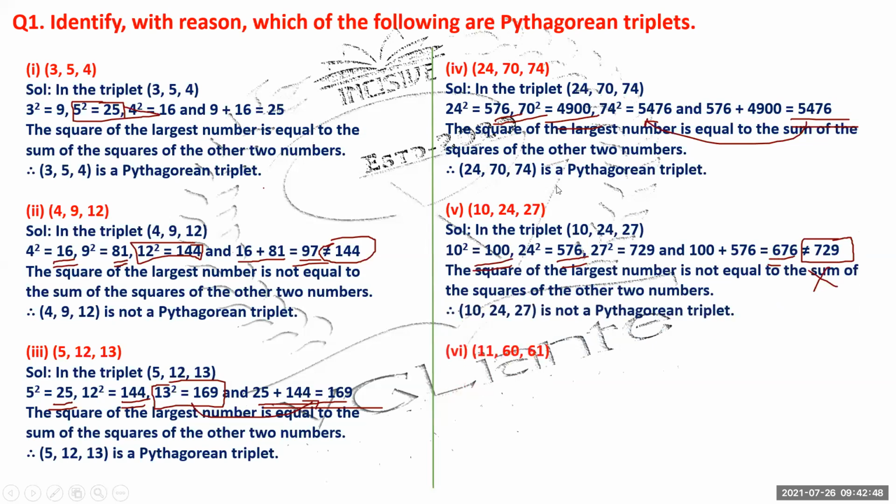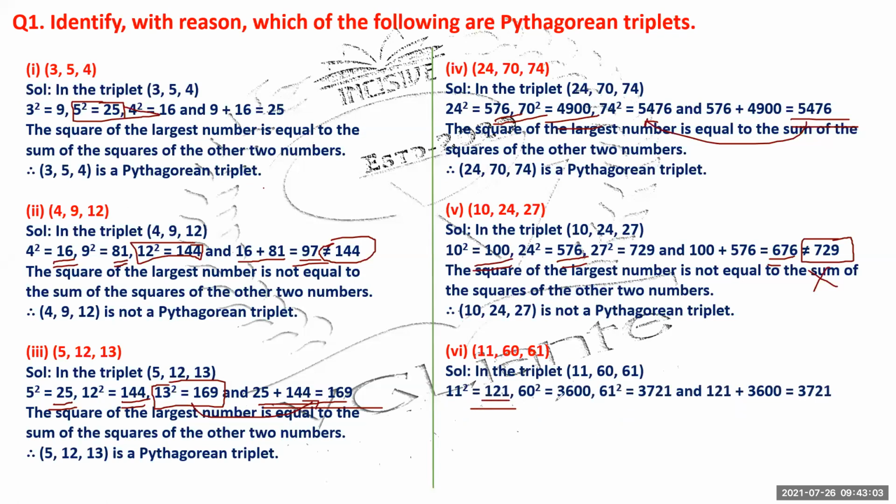Next is question number 6. 11, 60, and 61. In the triplet 11, 60, and 61, 11 square is 121, 60 square is 3600, and 61 square is 3721.